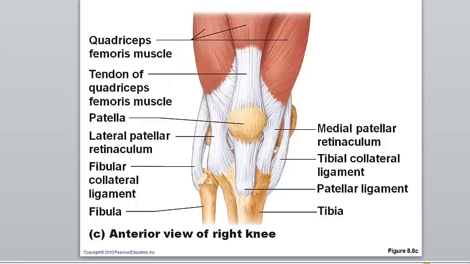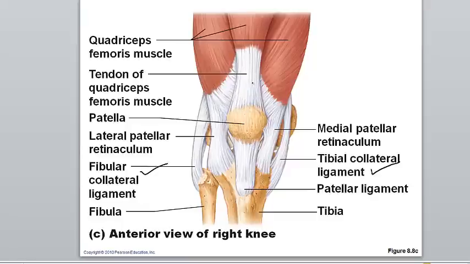So let's look at more of them in detail. For our sake, you need to know all the major ones. Your femur, tibia and fibula are connected: you have your fibular collateral ligament on the lateral side and tibial collateral ligament on the medial side.